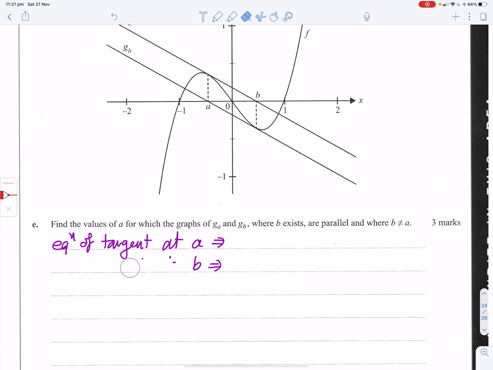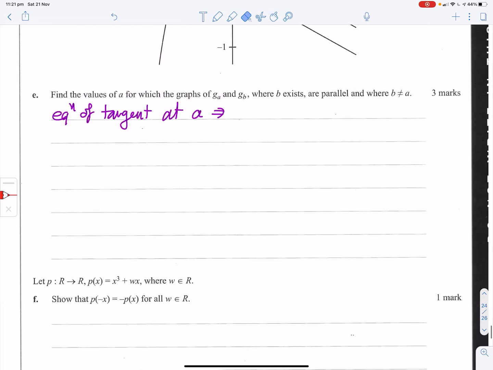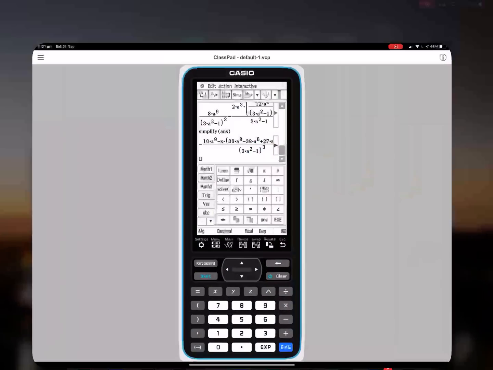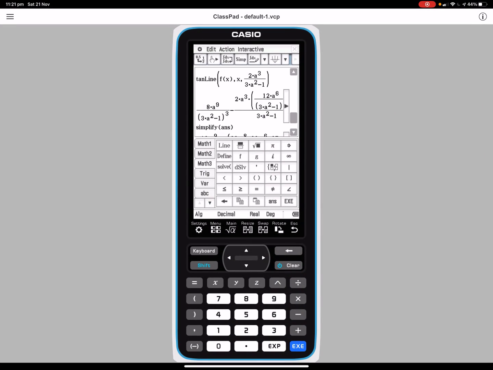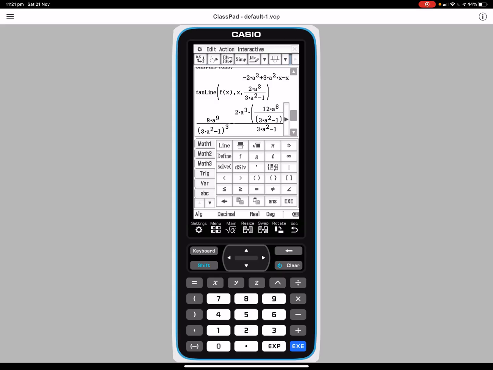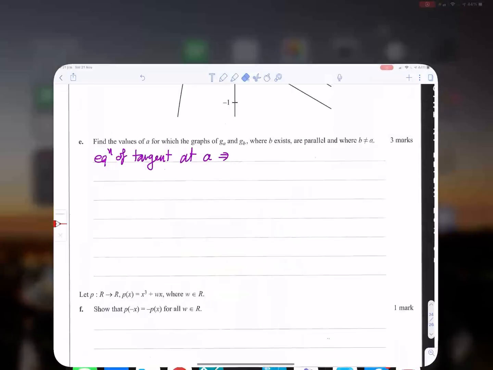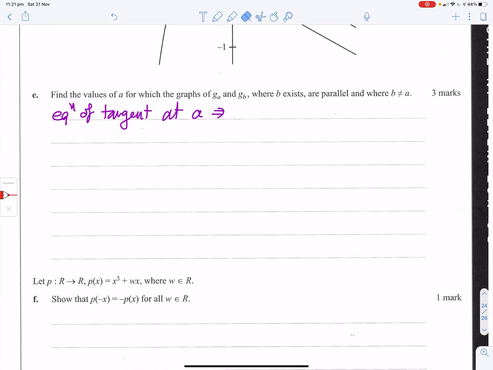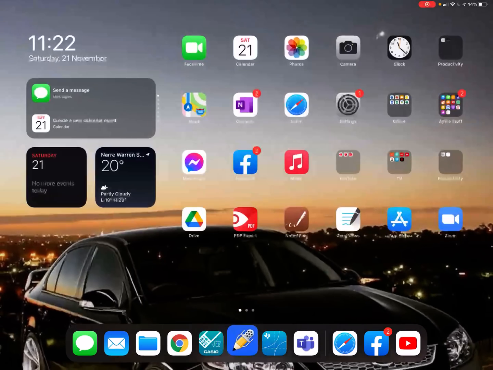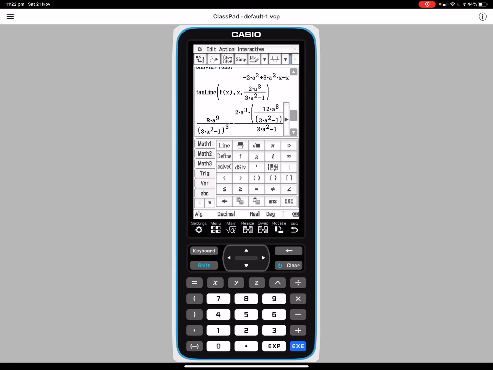Okay, so here we've got negative 2a cubed, we've got 3a squared minus 1 x, and then minus 2a cubed.